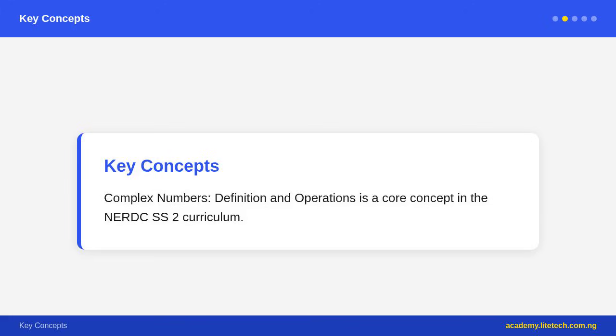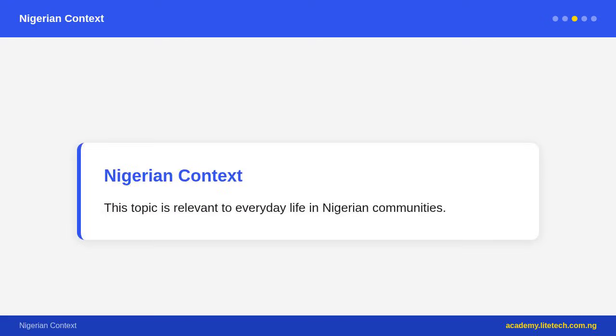Division of complex numbers: multiply numerator and denominator by the conjugate of the denominator. (a plus bi) divided by (c plus di) equals (a plus bi)(c minus di) divided by (c plus di)(c minus di), which equals that over c² plus d².